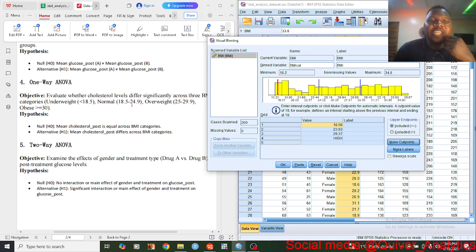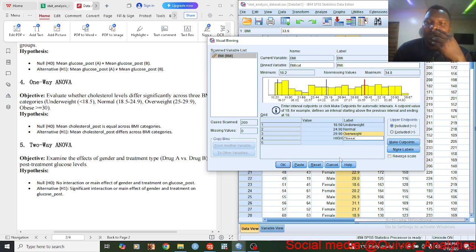The first one is 18.5. The second one is between 18.5 and 24.9, so here we change this to 24.9. And here we have 29.9. Then for the labels: underweight, normal weight, overweight, and obese.